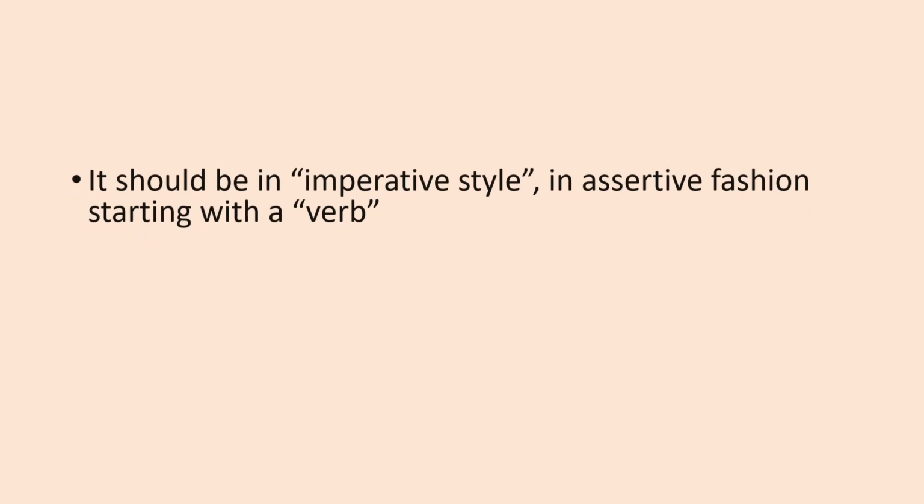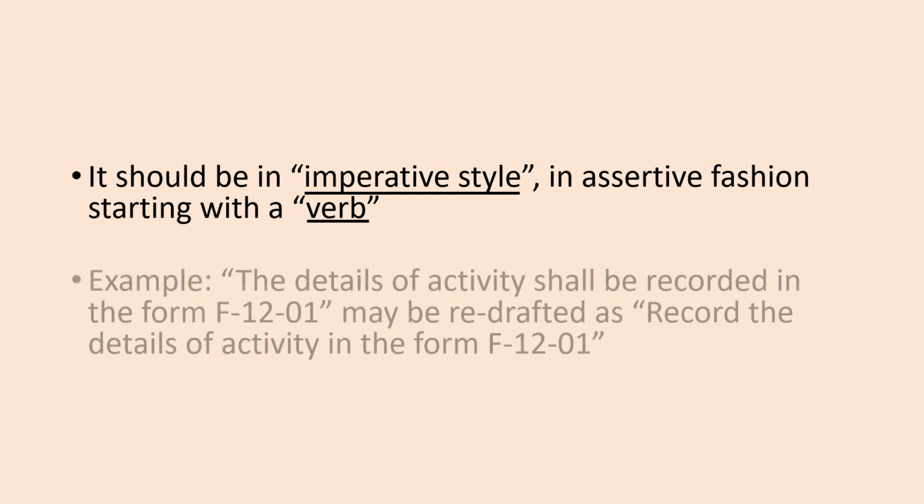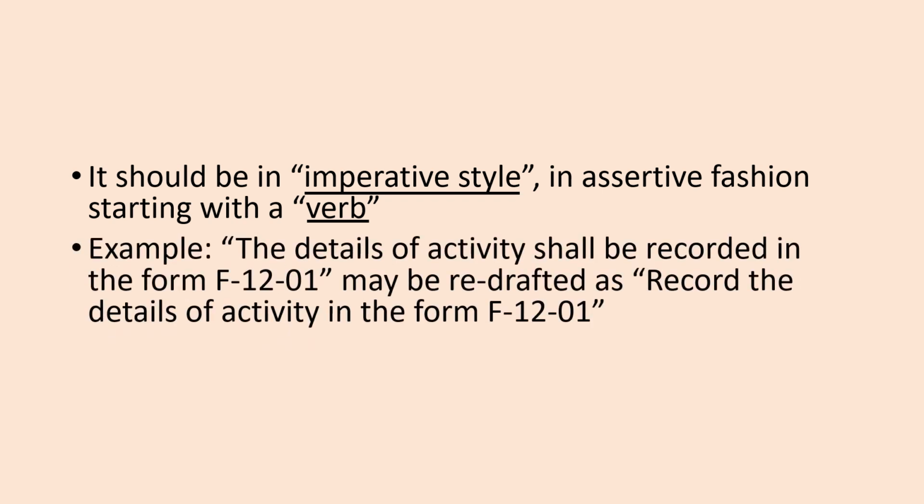As discussed above, imperative style sentence have to start with verb. Then only it will be in assertive fashion. See this example. There is an operation carried out and the details have to be recorded in form number F1201.